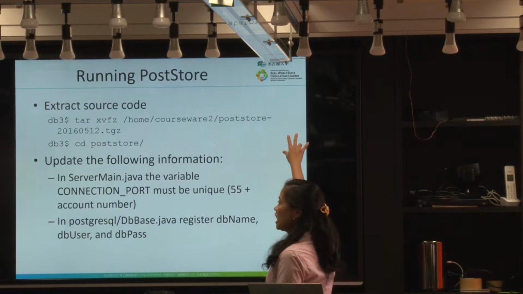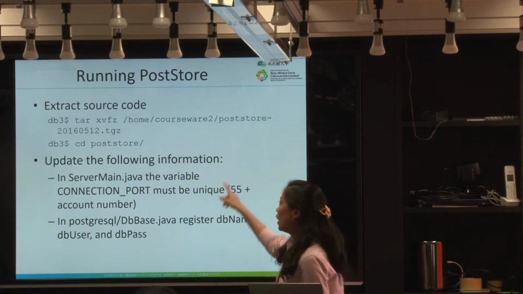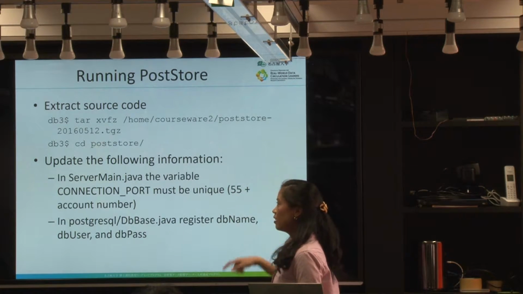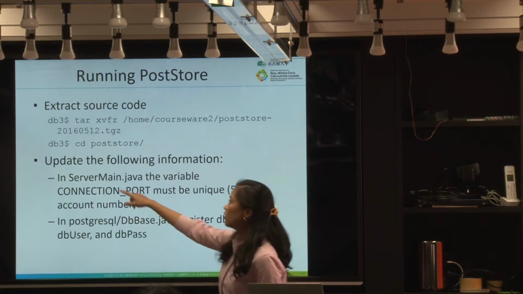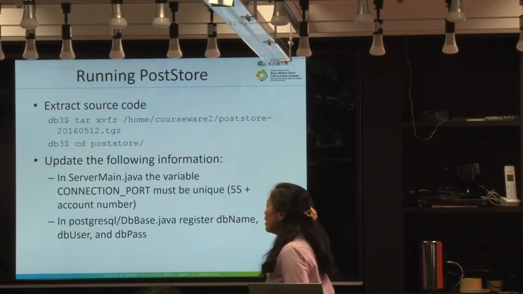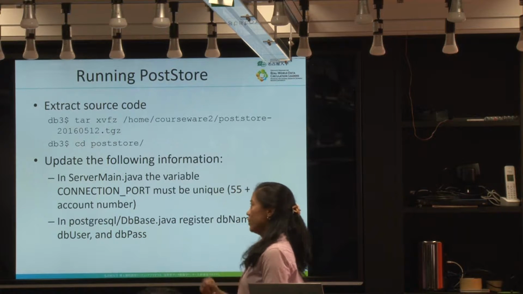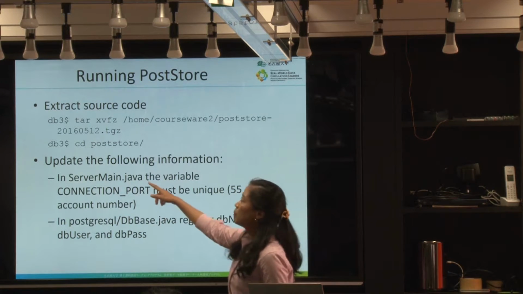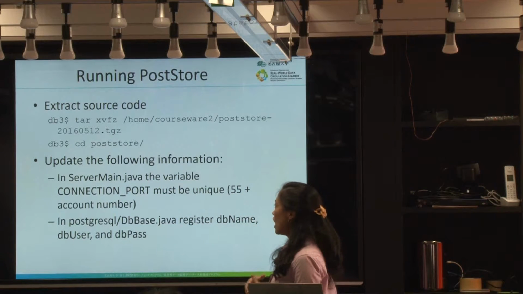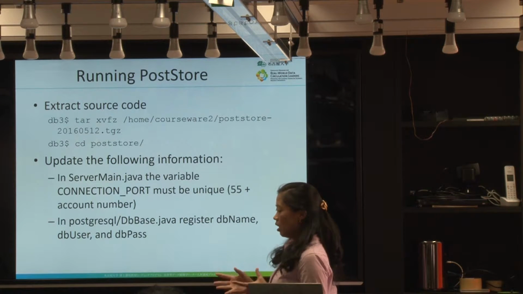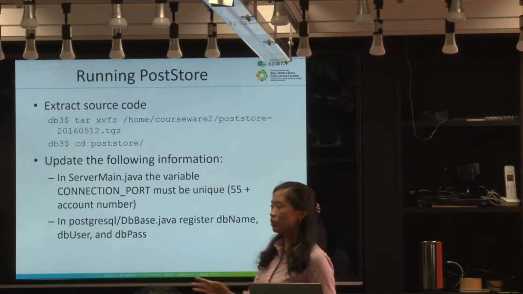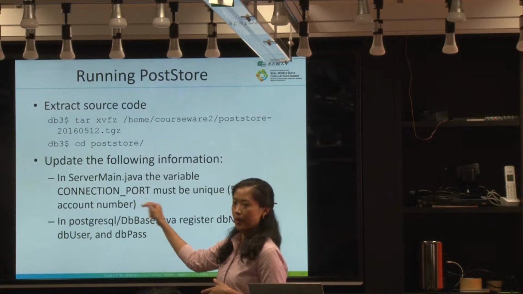And then once you've done this, we have to update the following files. So first, we have to update server main.java and PostgreSQL dbbase.java. In server main.java, we have to change the value for the variable connection port.